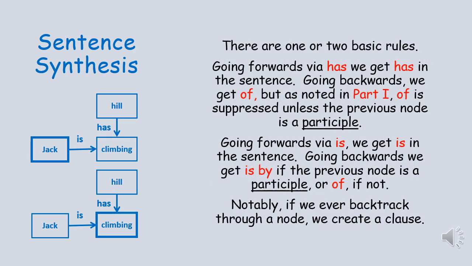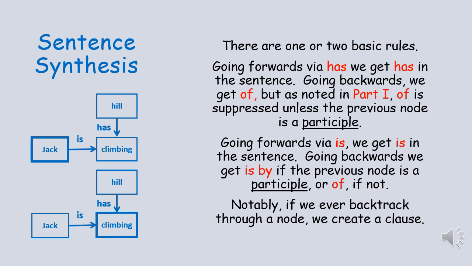With sentence synthesis, there are 1 or 2 basic rules. Going forwards via has, we get has in the synthesized sentence. Going backwards, we get of. But as noticed in part 1, of is often suppressed unless the previous node is a participle.